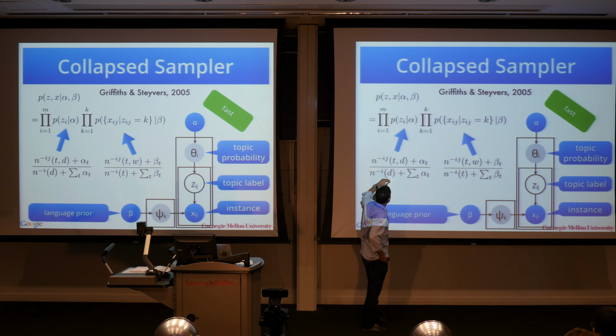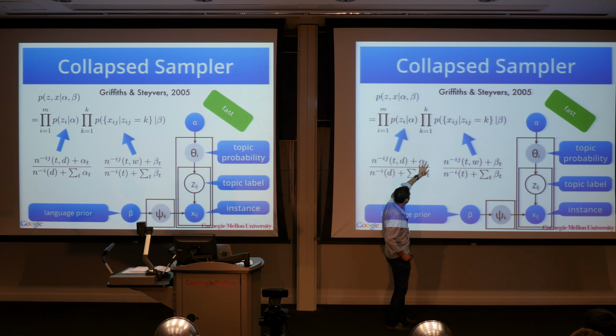Let's look at the terms here. This is the number of times a particular topic occurs in a particular document. Minus ij means I'm leaving out the variable z_ij, that's basically the jth word in document i. And then I have here the smoother over topics. Here I just need to normalize to make everything sum up to 1.